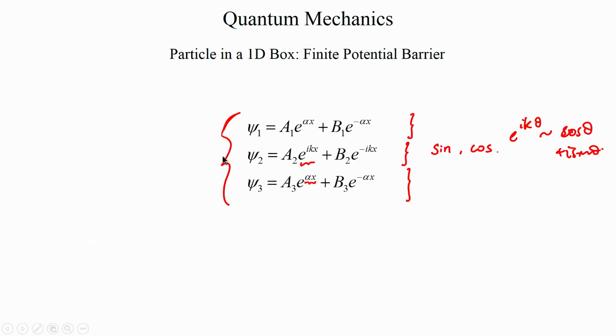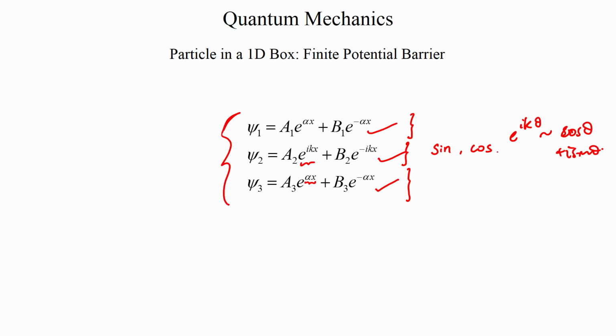By Euler's notation, you have this being equivalent to your sines and cosines. So, these are the three general solutions that are possible. Psi 1 is expected to look like that, psi 2 is expected to look like that, and psi 3 is expected to look like this.